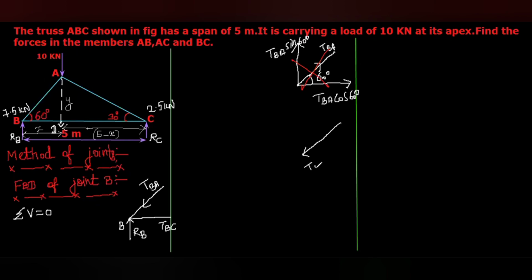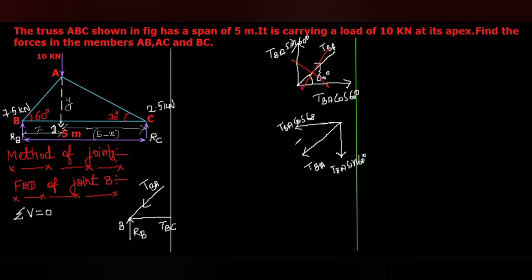This is TBA. Then the resolved vertical component TBA sin 60 will act downward. TBA cos 60 will act towards left side.